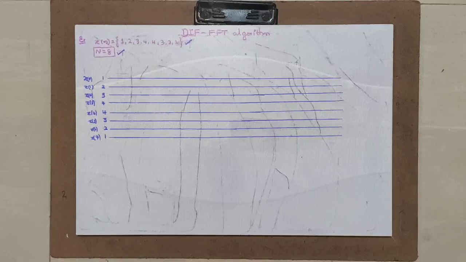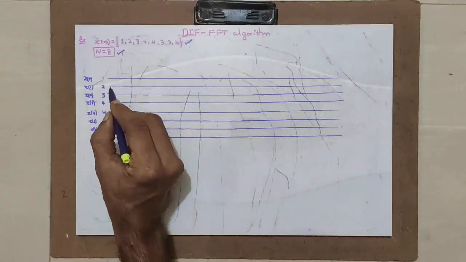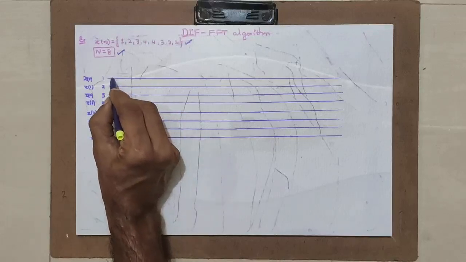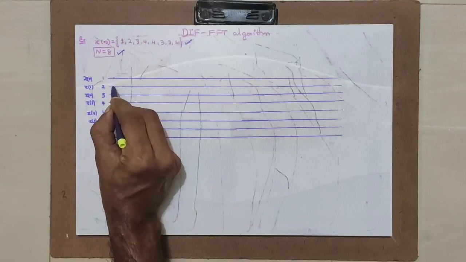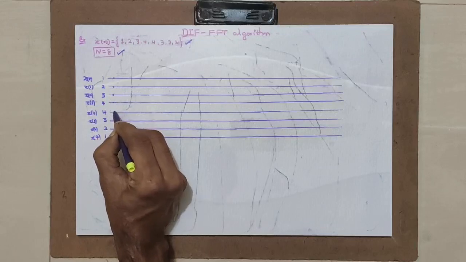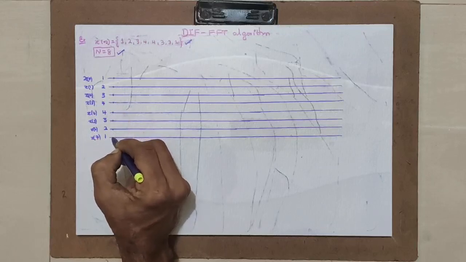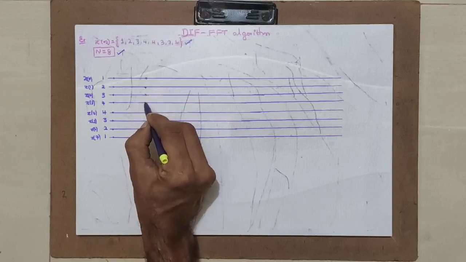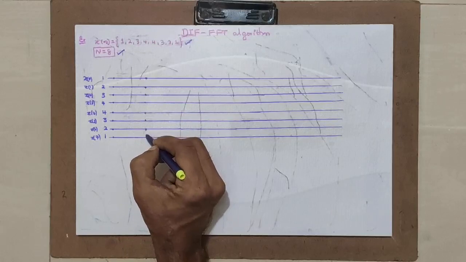Now let me draw the flow diagram. Whatever crisscross butterfly diagram was at the output stage in DIT FFT comes to the input stage for DIF. That's all. You will understand it when I draw it. These dots I am drawing so that I can join correctly.